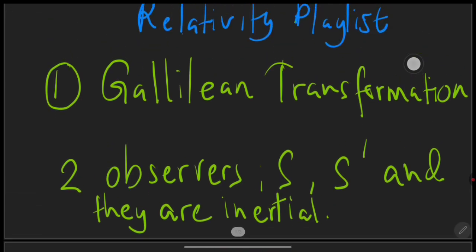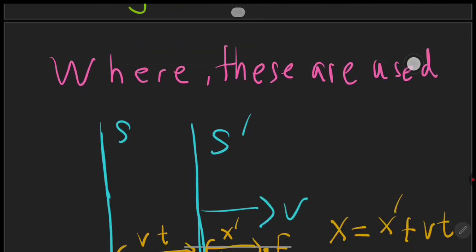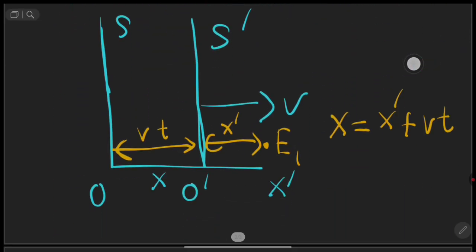When we consider Galilean transformations as a basic case, there are two observers. Both are inertial observers and they are named S and S prime. With respect to the S frame, the S prime observer is moving to the right direction with a velocity v.